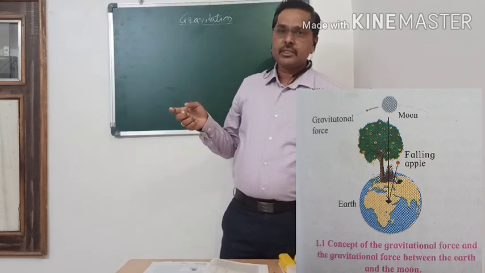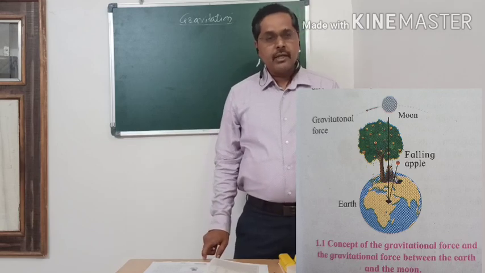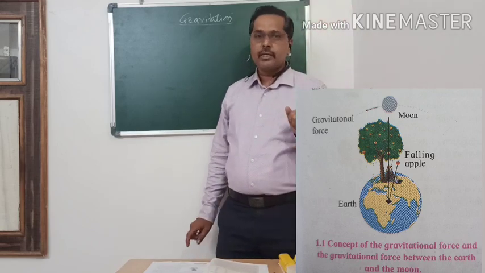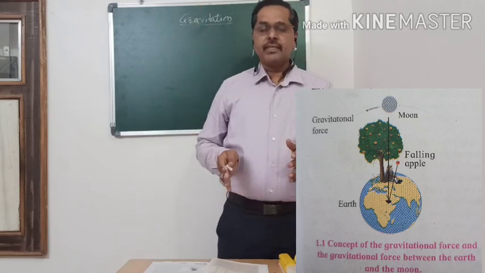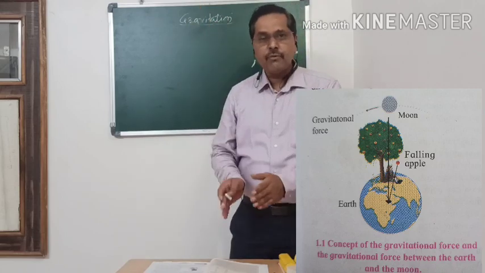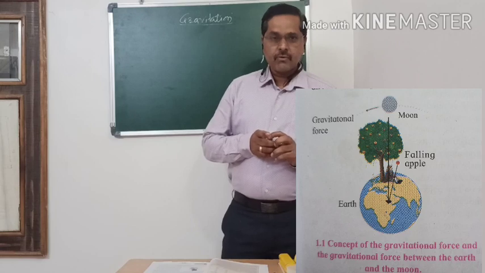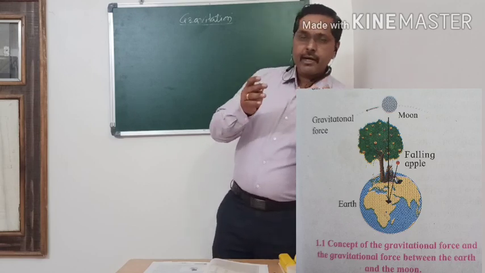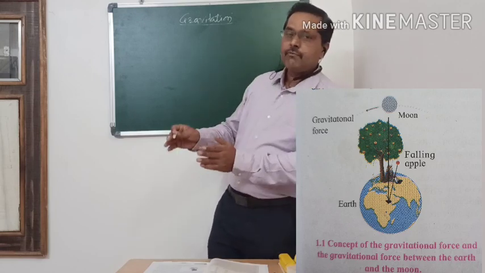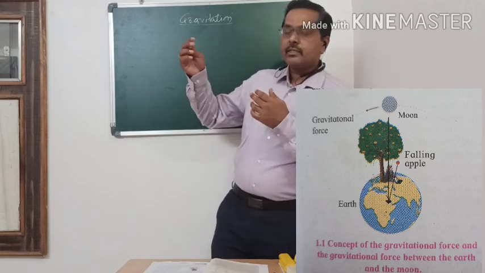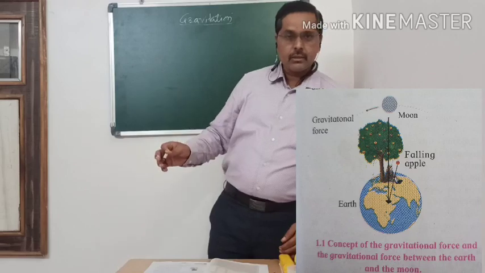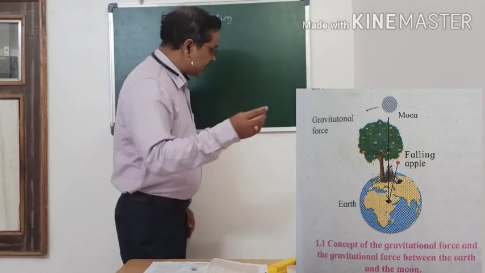Many questions arose in his mind: why does the apple fall down only, why does it fall perpendicular to the surface, that means in a vertical direction, why doesn't it fall making an angle with the surface, or go horizontal to the Earth's surface?